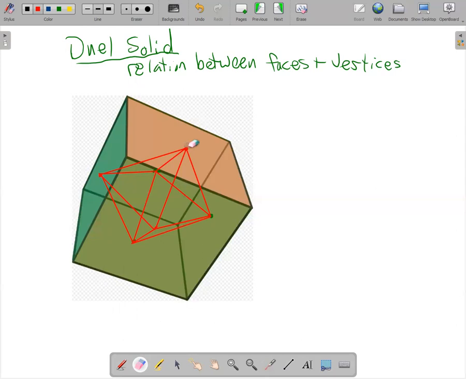All right, so let's see which ones are visible here, which ones are not. This one is hiding in the background, so we'll make that dotted. And this is going to be visible, that's going to be visible, that's going to be visible. This is going to be dotted. This is going to be dotted.